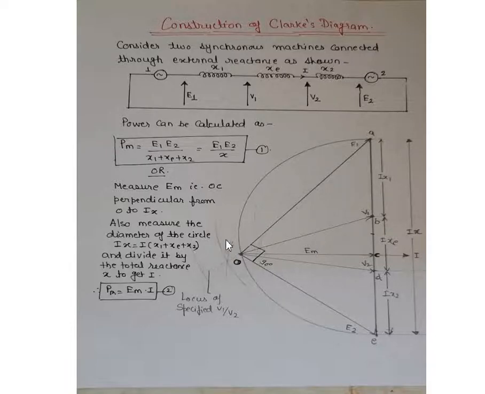Now draw these three arcs, then join the centers of these arcs. This is shown by a dotted line. After joining these three centers of the arcs, you get the point O, which intersects on your semicircle. This point O is very important.